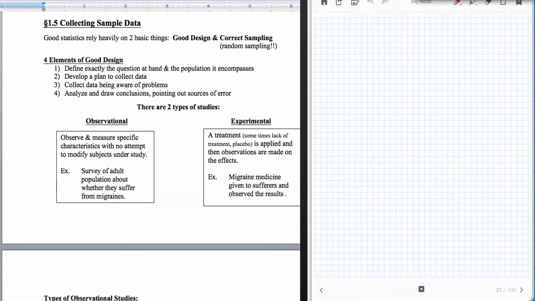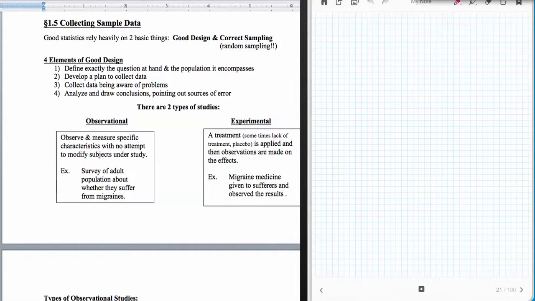First of all, whether you're doing an observational or experimental study, correct sampling is always very important. We've talked about sampling exclusively for nearly one of the lectures. The elements, remember, are to define your question, and based upon the question, the population that encompasses the question that you have. And then a good plan to collect that data.